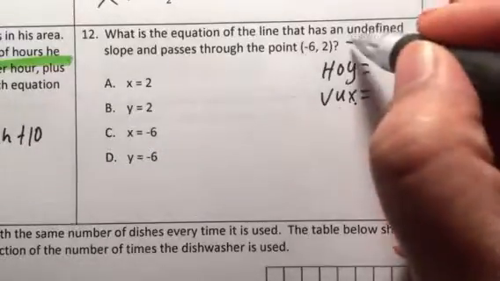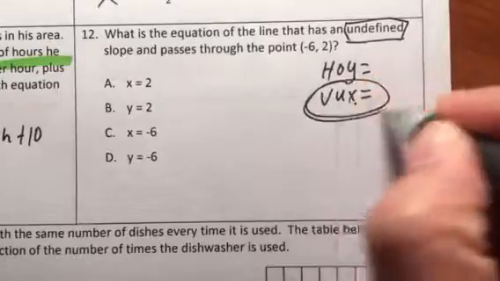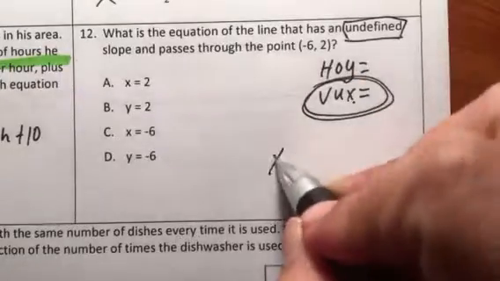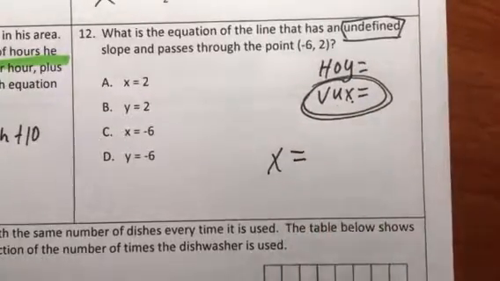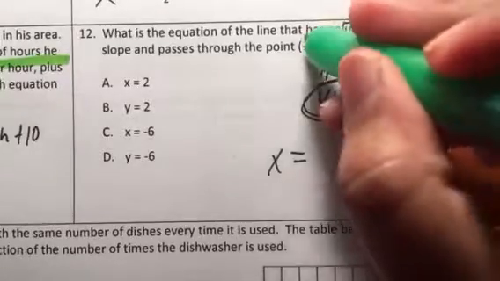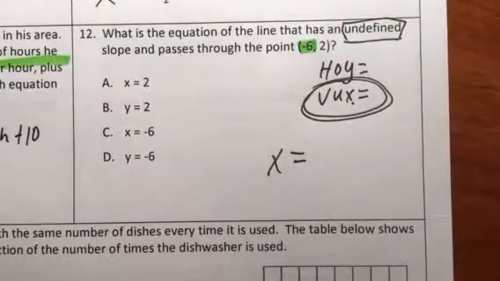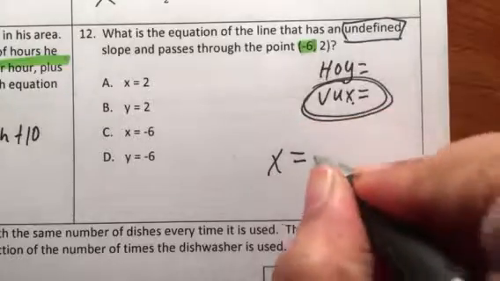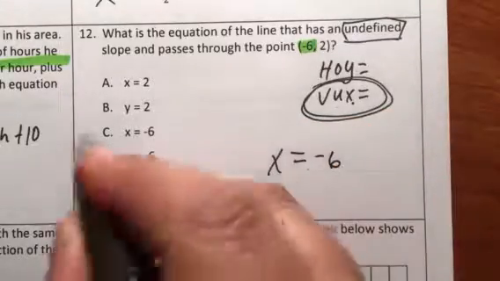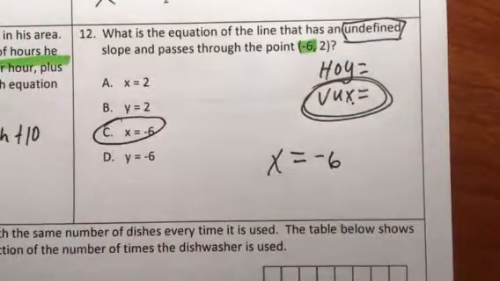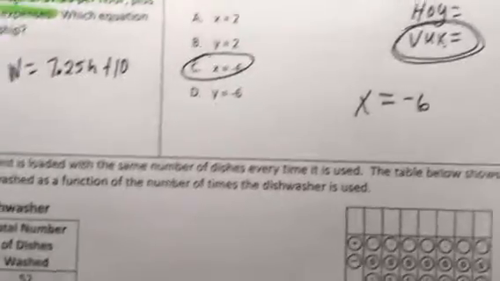Well, since it says undefined, that means I need the vertical, which means I need x equals. And what does x equal in this problem? It equals -6. So my answer is x equals -6. Answer is C.